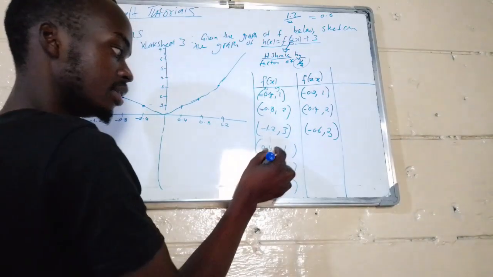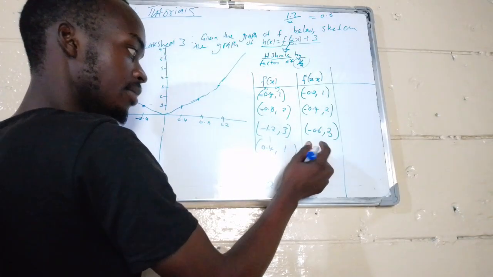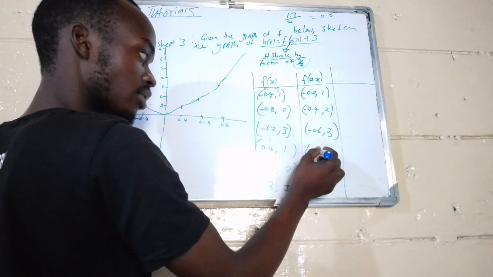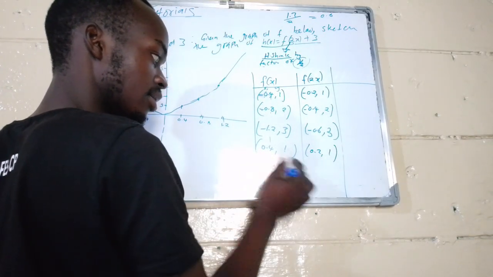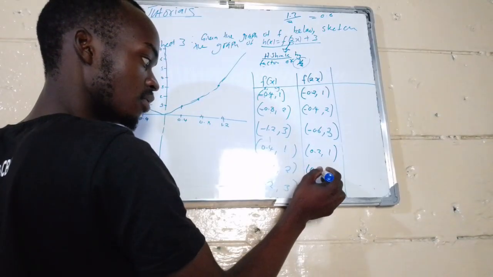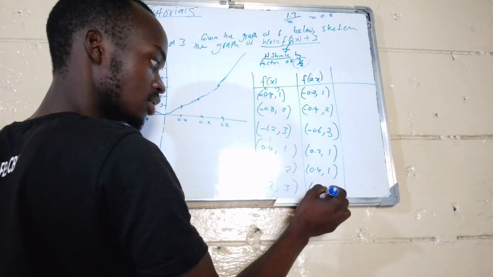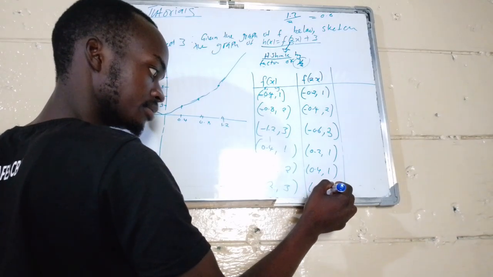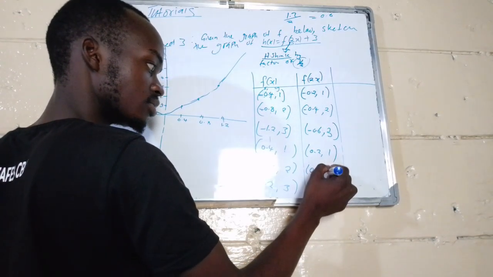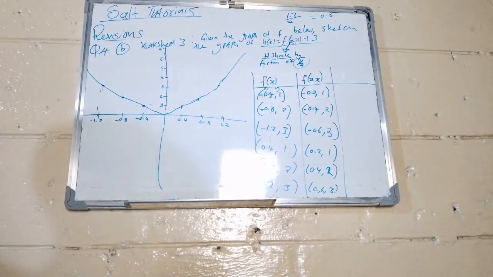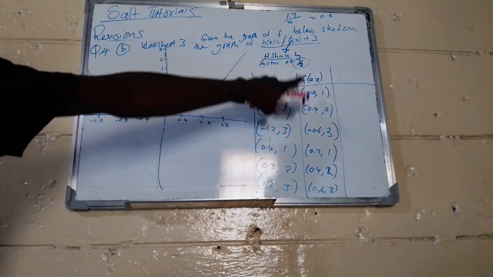This one is positive 0.2, 1. This one positive 0.4, 2, and positive 0.6, 3. So these are the coordinates for the first transformation, f of 2x.